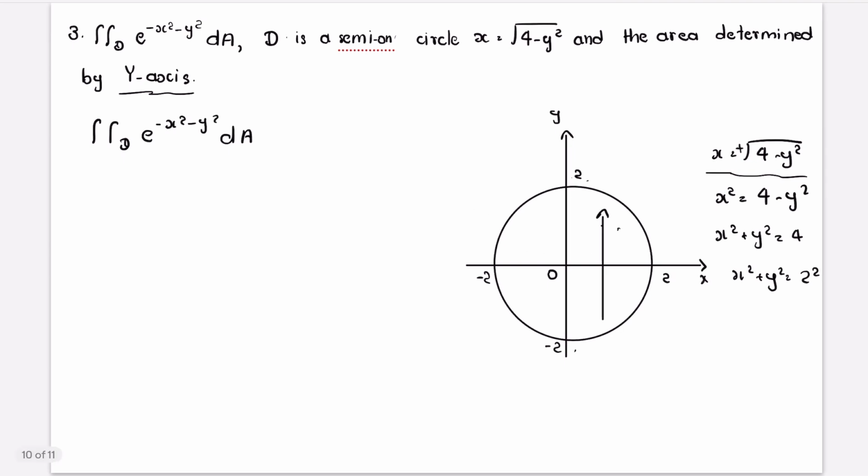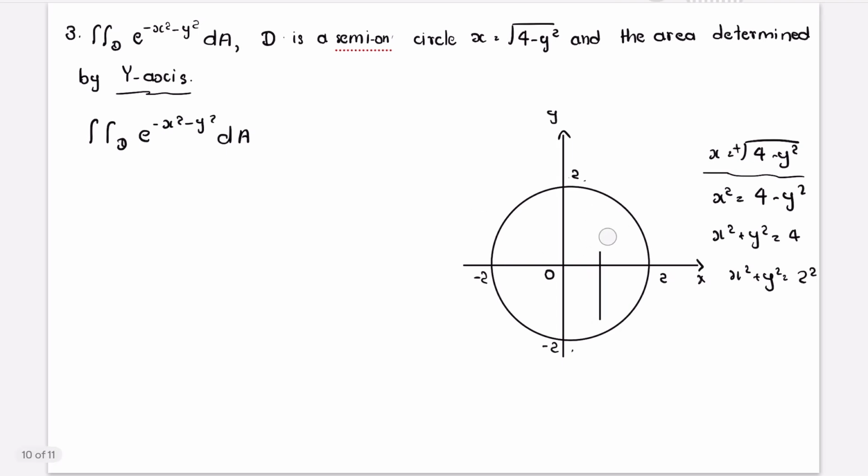The y bar is the upper part, so we will know that the part is only this part. Yeah, we need to find that part. So to find that, we can know that, right?